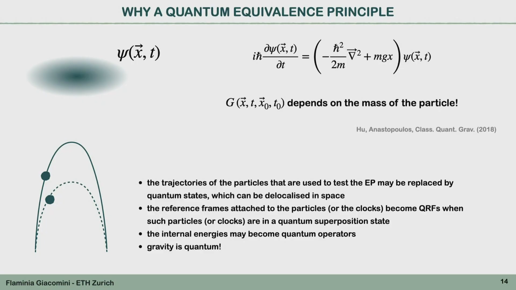Or the internal energies that you remember were in the violations of the weak equivalence principle become quantum operators, because we don't have classical internal energy, but we have an internal energy Hamiltonian operator. Or, even wilder, gravity is quantum at some point. There it's even more speculative what will happen.